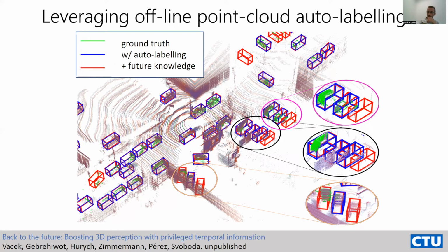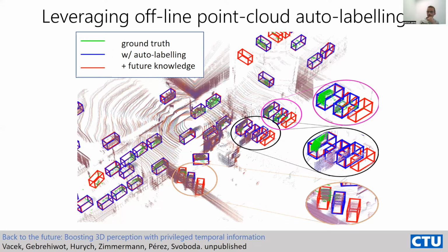So what you see on the screen is an accumulation of different scans of the scene. In order to annotate, we already have manual annotation of key frames, so one scan every, I don't remember exactly, but we don't have the annotation of the free sequences.